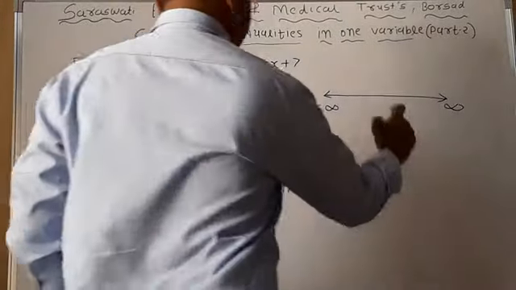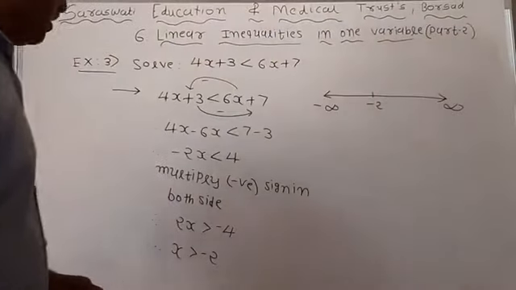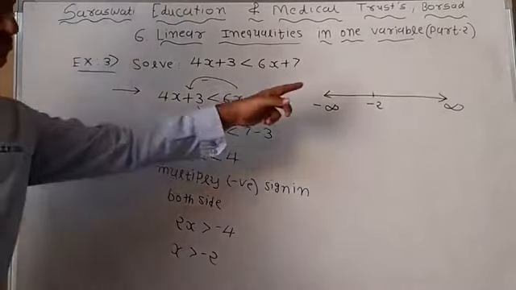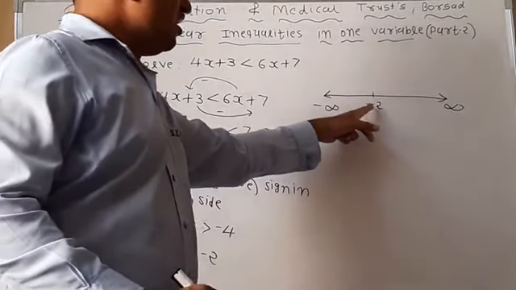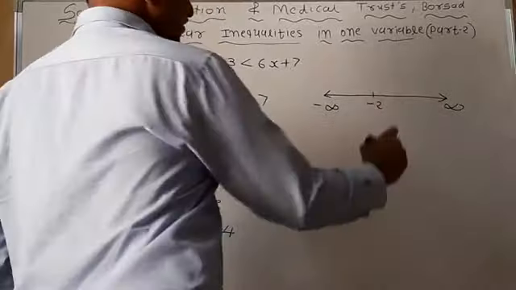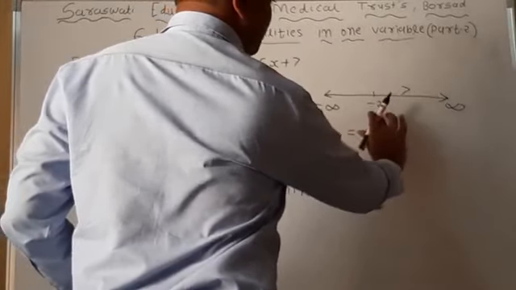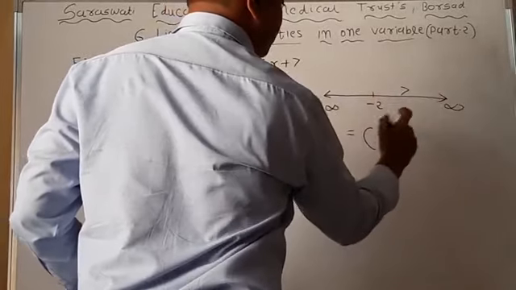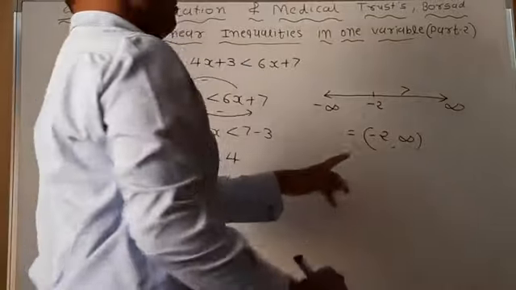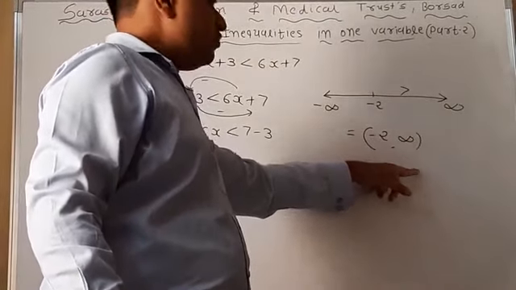Now greater than form is present, that means the arrow goes in the greater direction. So our answer: first position is minus 2 and second position is infinity. So our answer is the open interval minus 2 to infinity.